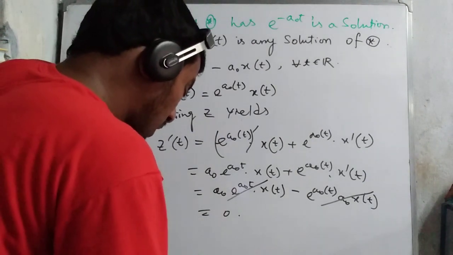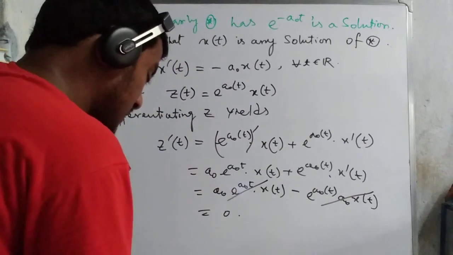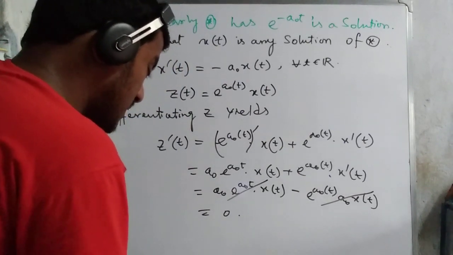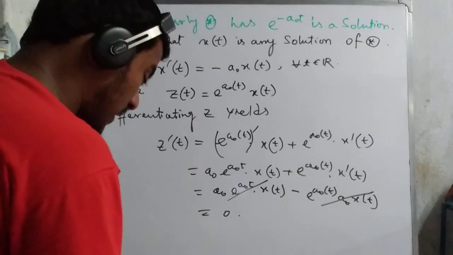Then we write here: since z' is identically 0, z is a constant function.